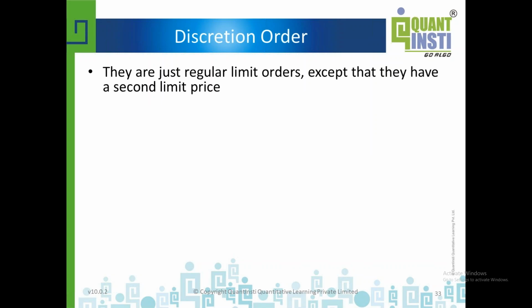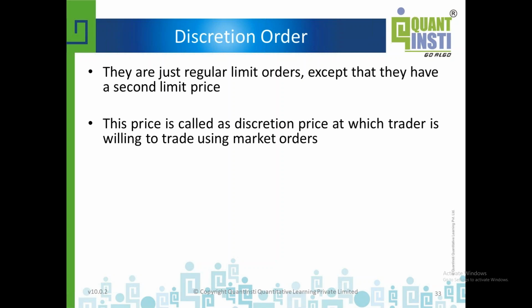So last is the discretion order. Again, a discretion order is usually at the broker's end, right? So this is basically a discretion of the broker. Say I want to send a limit price order, I want to buy at 50, right?